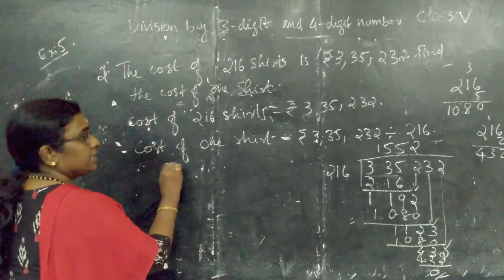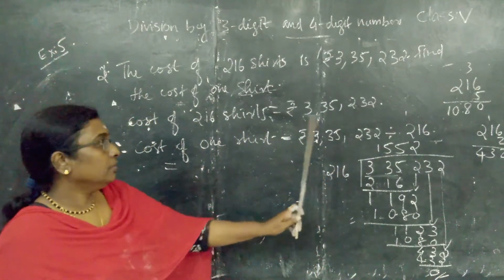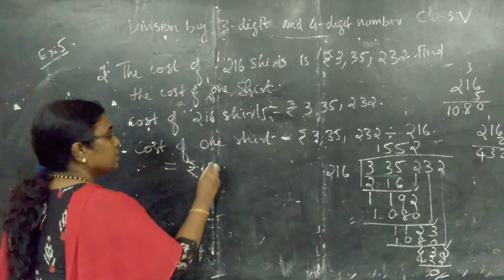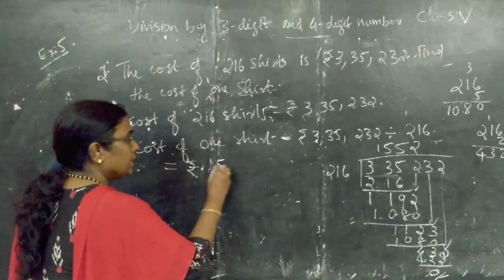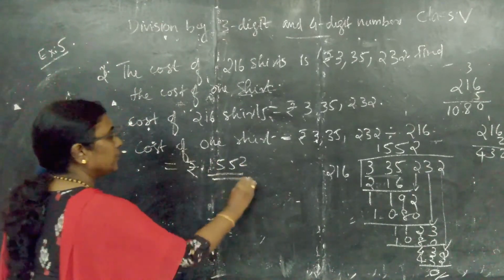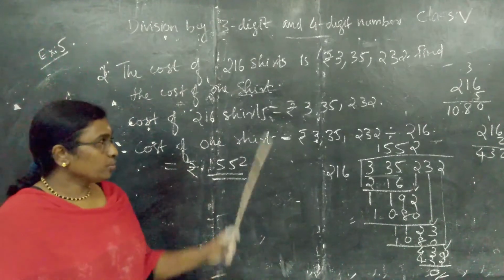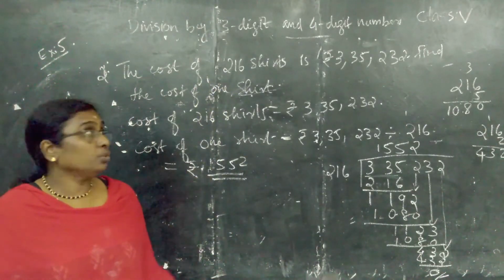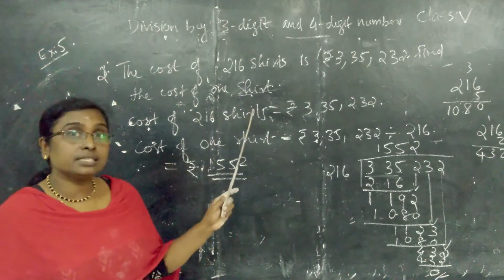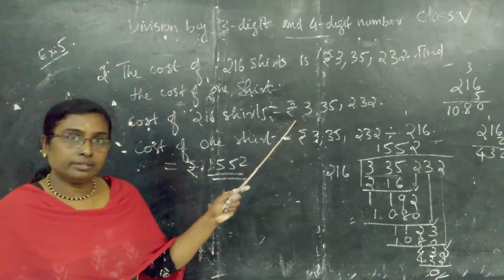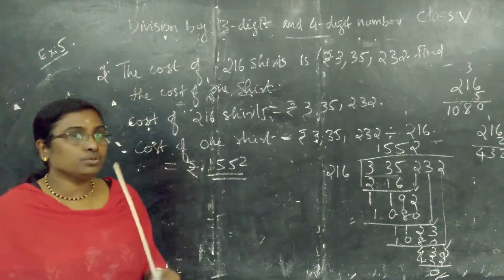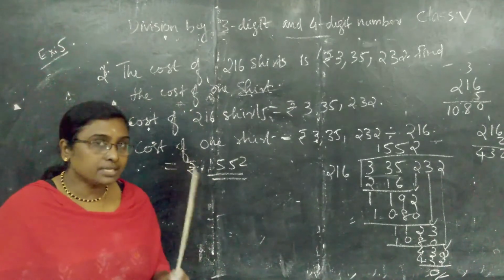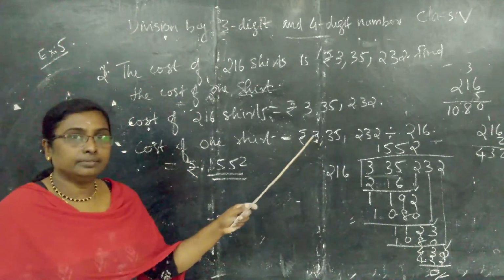So the quotient is 1552, which is the cost of one shirt. Rupees, cost of one shirt is rupees 1552. Okay. Once more, we are given the cost of 216 shirts. We have to find cost of one shirt. In order to find the cost of one shirt, we have to divide.